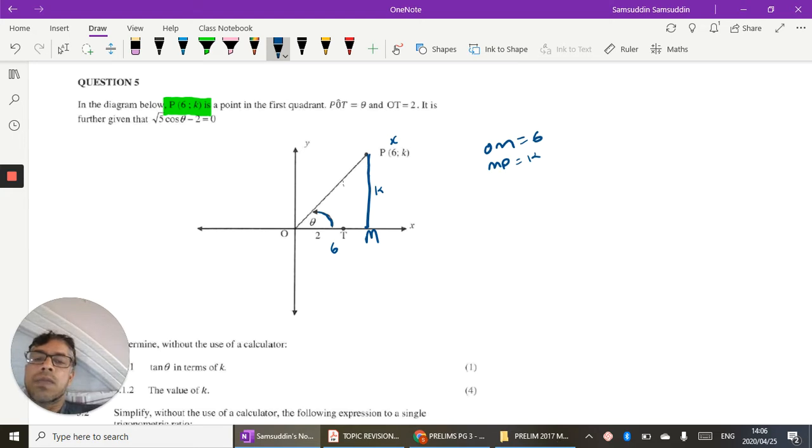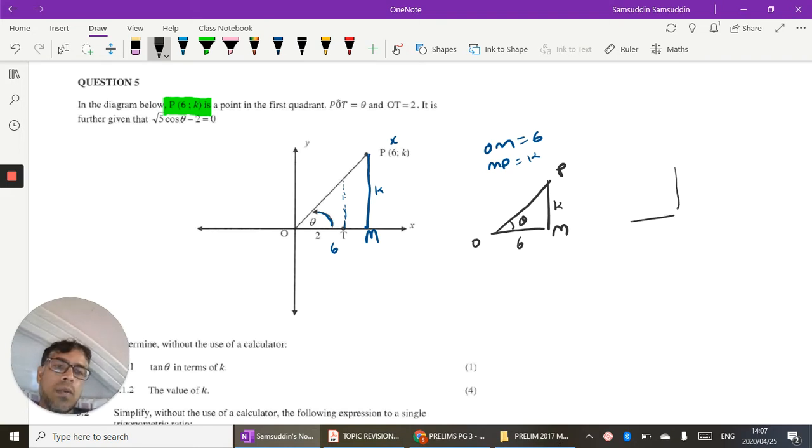So basically, if they are giving me 2 units, they are giving me 2 triangles. If I break down my 2 triangles, one is P, M, and O: that's 6 units, that's k units, and this is theta.